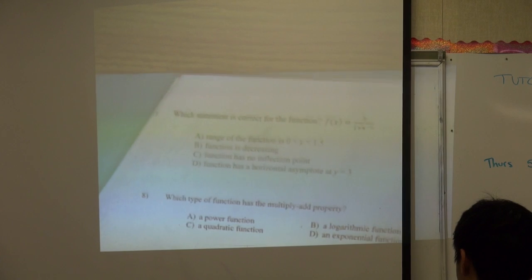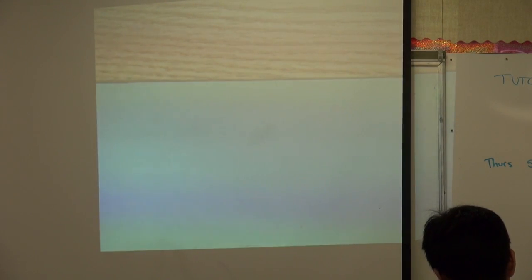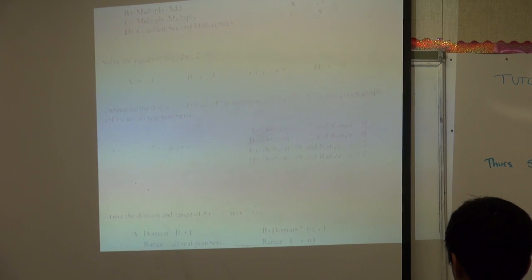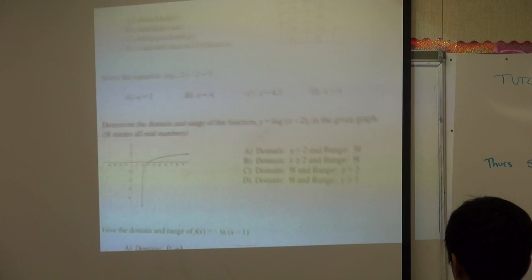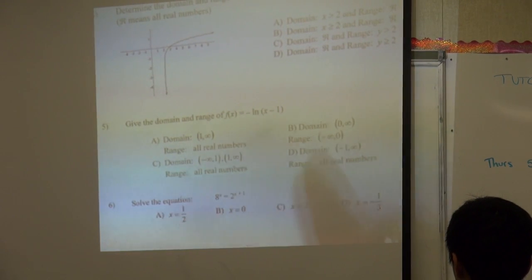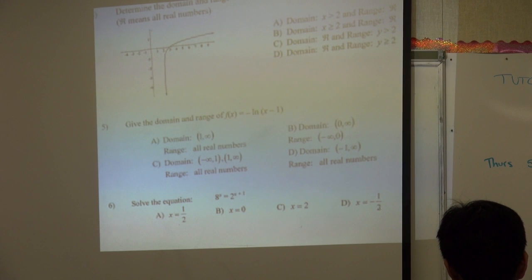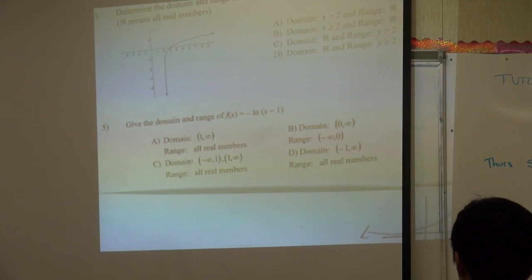Number 5. This is the only other one that we scored real low on. And I will tell you the same thing that I told my period 1 kids, and that is that I did see one just like this on your test. This one is asking you for the domain and the range of natural log.